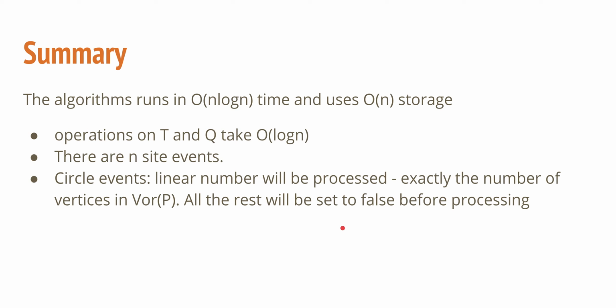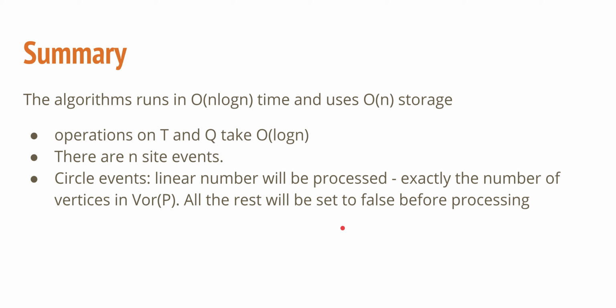The summary is as follows. The algorithm runs in n log n time and uses linear storage. Operations on T and Q take logarithmic time. There are n side events, which is very obvious, but the number of circle events is not this obvious.